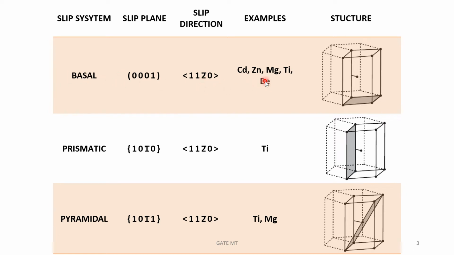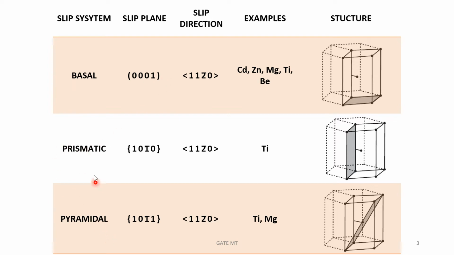It is commonly found in many materials like cadmium, zinc, magnesium, titanium, beryllium, etc. If you see the figure, this is the basal slip system, the most common one, meaning that this is the most densely packed plane in an HCP crystal.